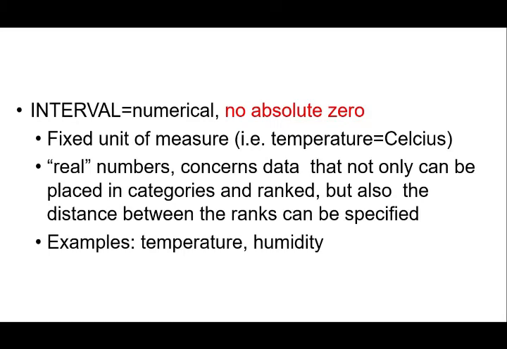Now let's have the first numerical variable, which is the interval. Take note of this one. This type of data does not have an absolute zero. What do you mean by that? It means that the data or the numbers can extend beyond zero.